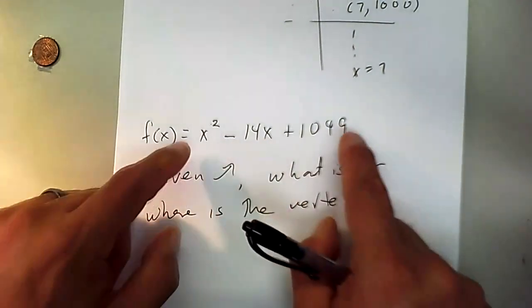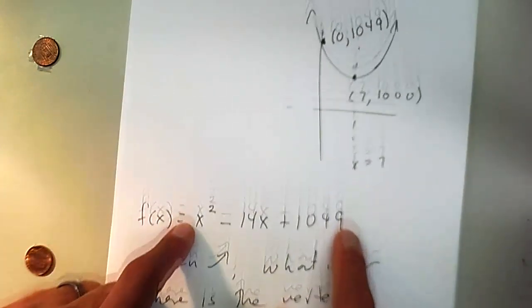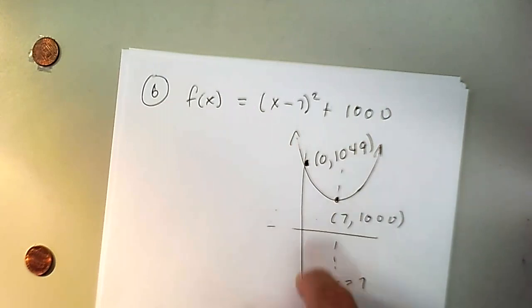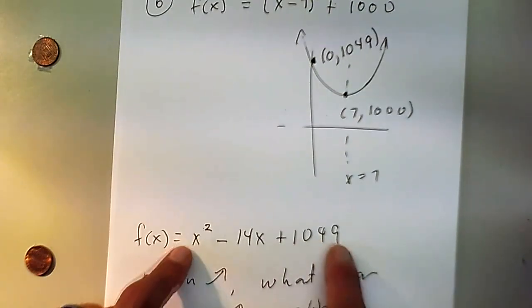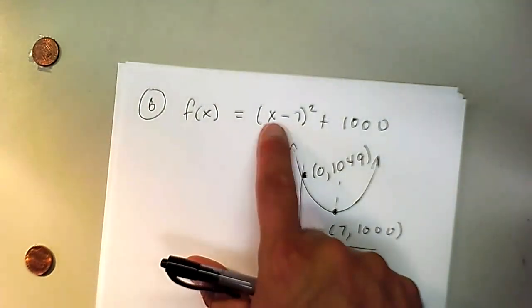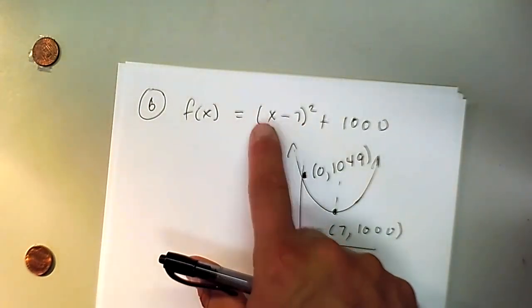We have to probably put the equation back into this form, and then we will be able to tell, oh, (7, 1,000). Because remember, this represents a horizontal shift to the right.